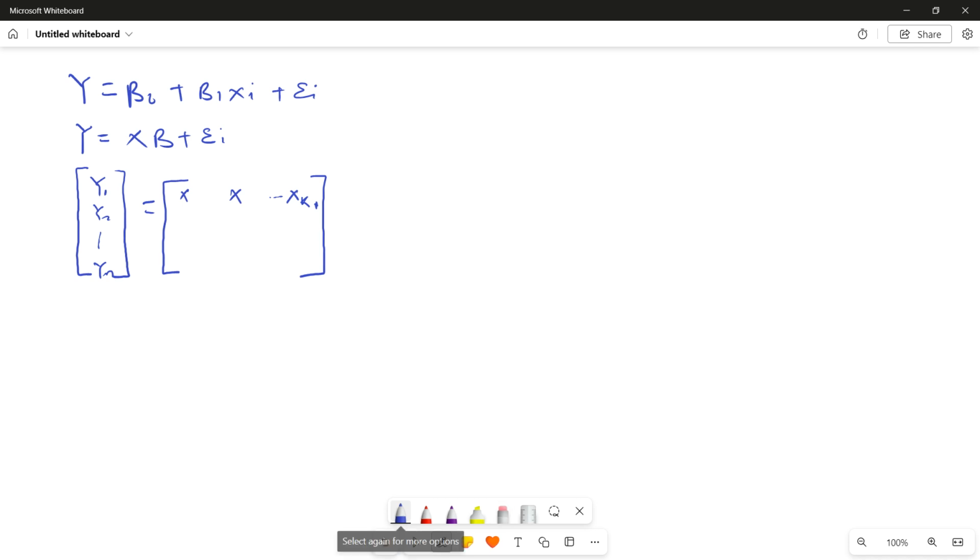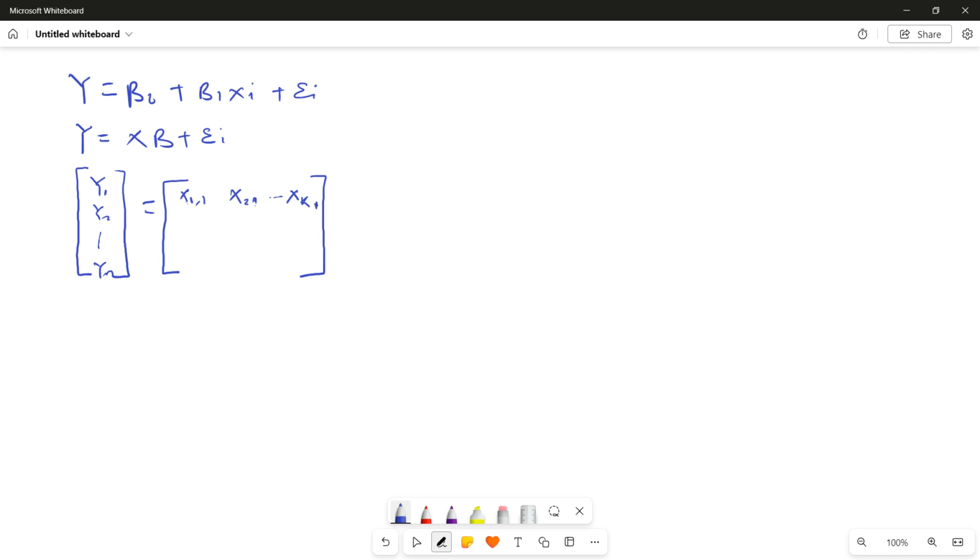So in this case, we have a vector y containing the y values, which must be equal to a certain matrix, and this matrix is the one that is going to contain the explanatory variables, the x values. So we've got x1 here for observation number 1, x2 for the same observation, up to xk.